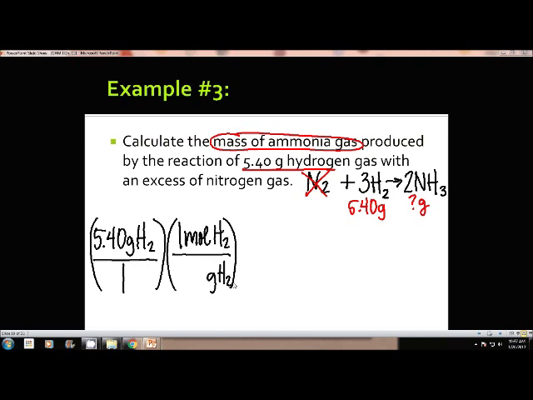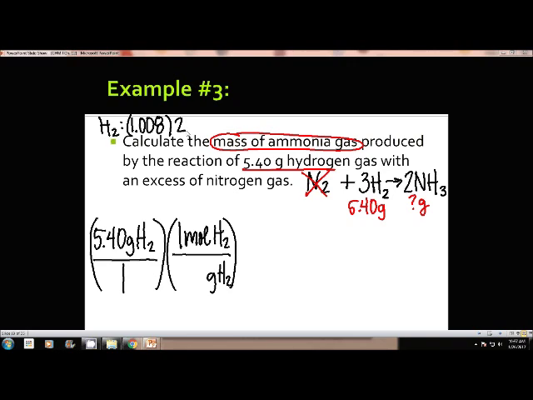I'm going to show the work just so we get our minds refreshed on how to do this for now. So for molar mass, we look up the mass number from the periodic table, and then we multiply by subscripts. So what's the number for hydrogen? 1.008. And then, since there's a 2, because it's a diatomic, we're going to multiply it by 2.